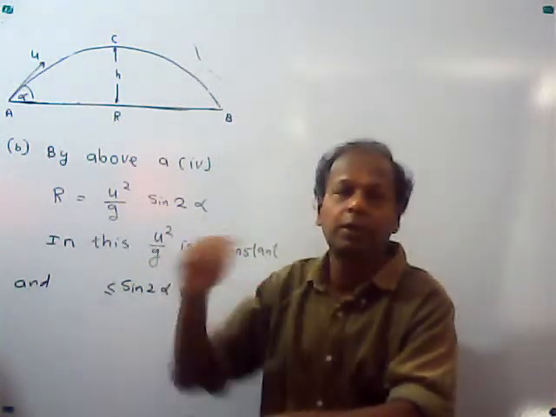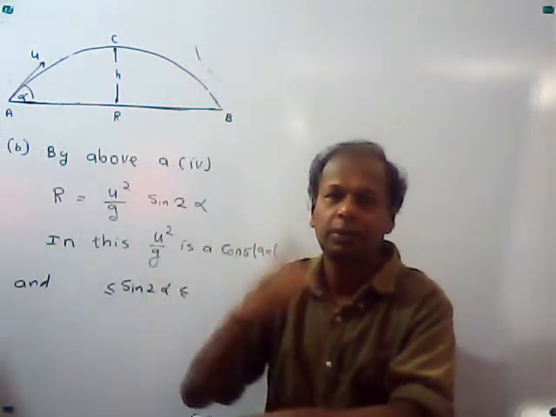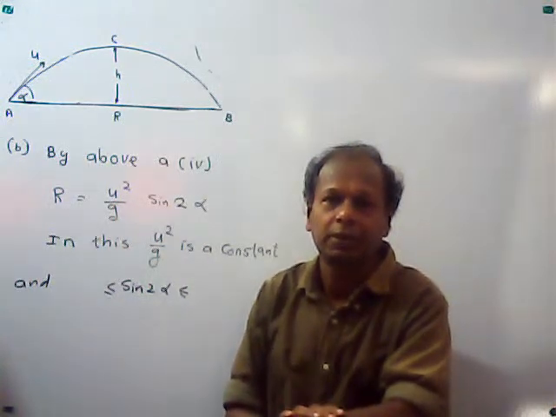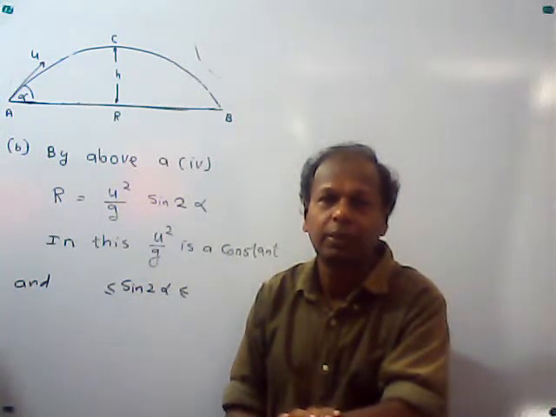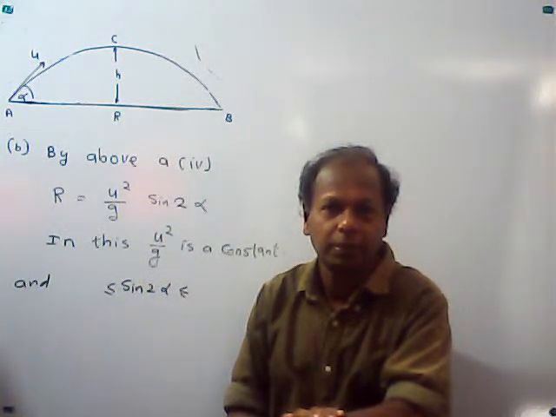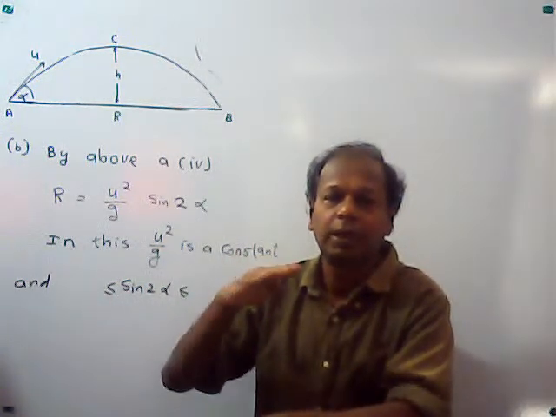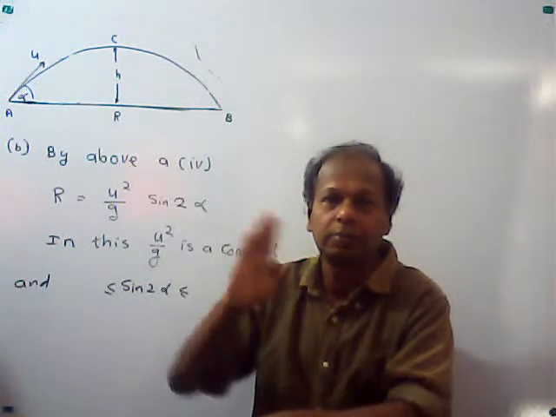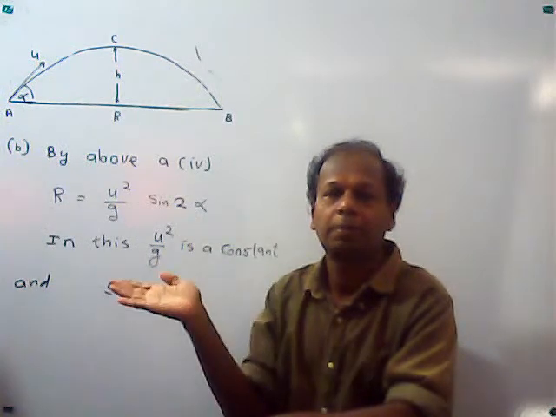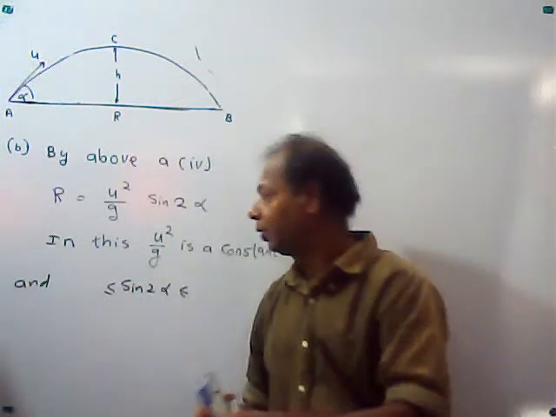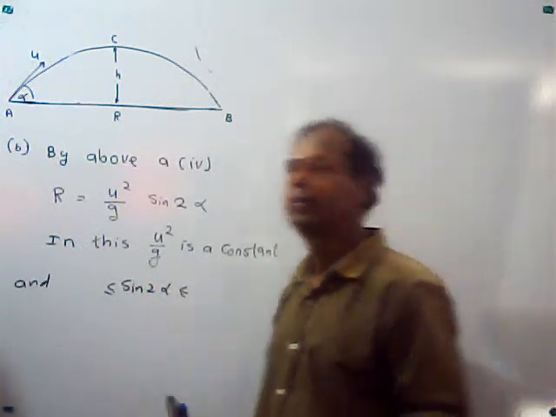So sine 2 alpha should be between 0 and pi, the first or the second quadrant. In these two quadrants, sine is positive, so sine 2 alpha cannot be negative, because alpha is between 0 and pi by 2, and 2 alpha is between 0 and pi.